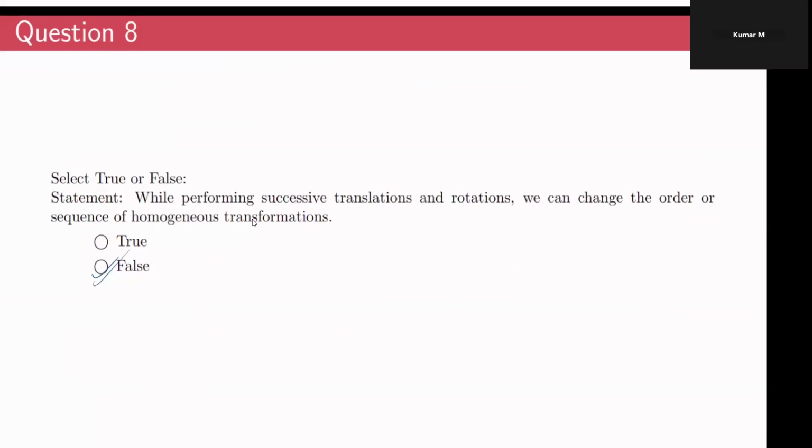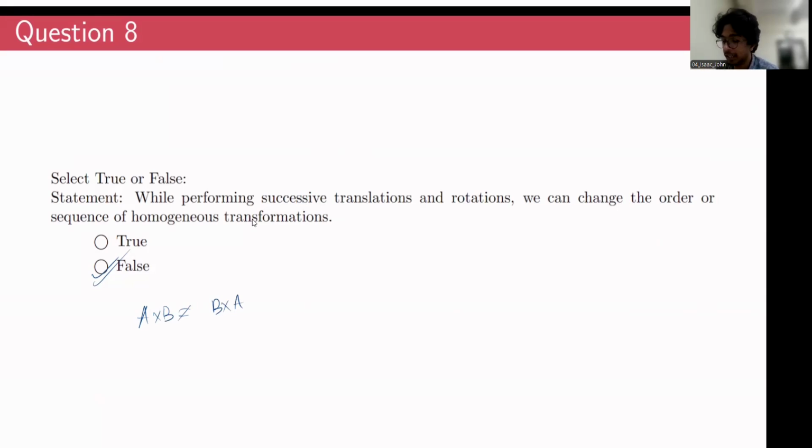We cannot change it, because the fundamental thing is matrix multiplications are not commutative. So A multiplied by B is not equal to B multiplied by A. Any successive transformations have to follow a specific order. You cannot do it in any other order.